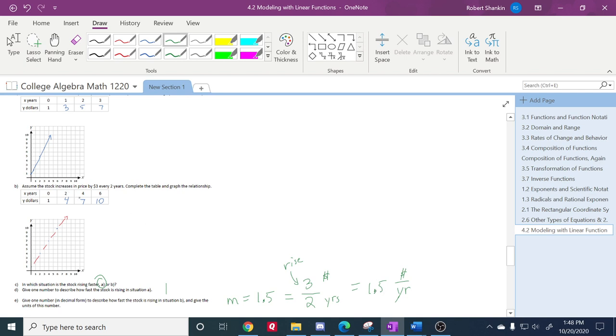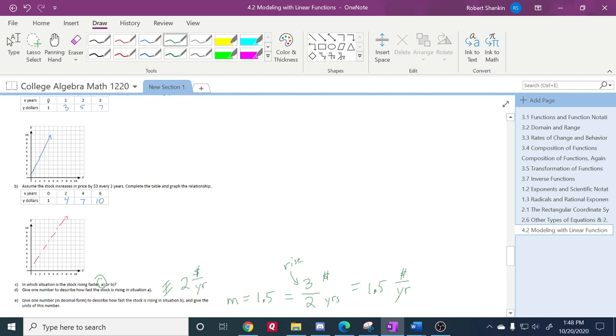And now if we go back to part B, or part A, I think we'll change this value. If this one's rising faster, then it's one I'm number, sorry. I see what it is now. What is it now? It's $2 per year. Very good. We'll change that to $2 per year.